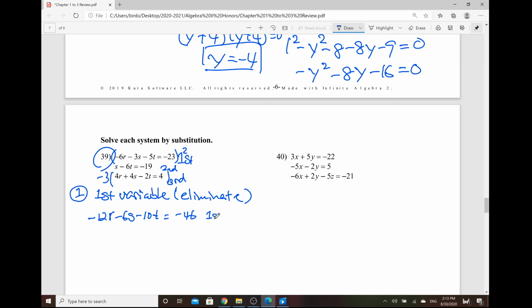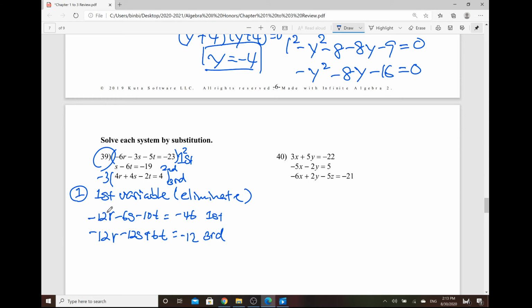So first and the third equation comparison. So negative 3 times 4r, negative 12r, negative 3 times 4s, negative 12s, and then negative 3 times negative 2t, then that would be positive 6t. And then negative 3 times 4, negative 12.